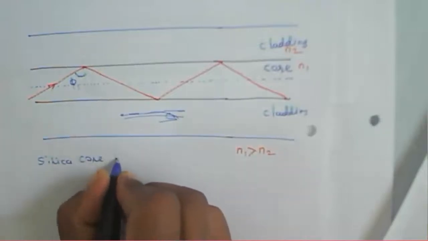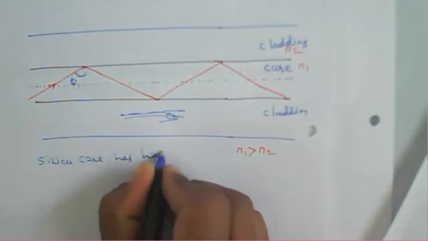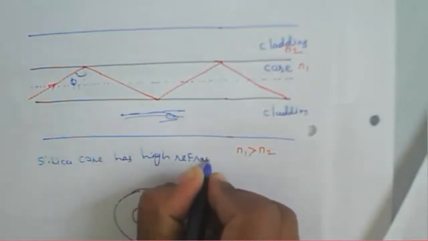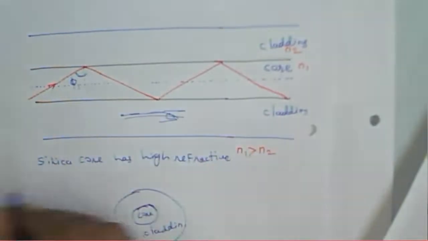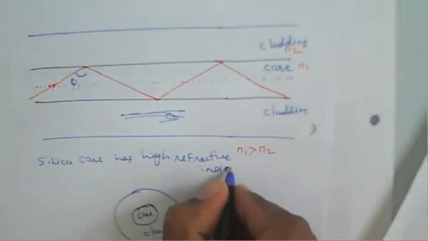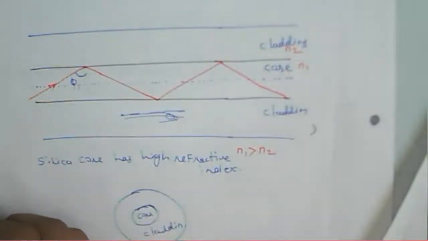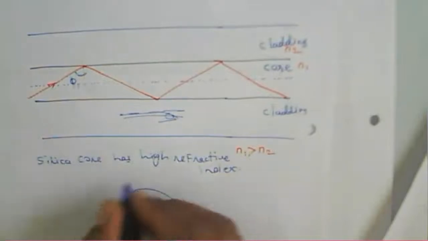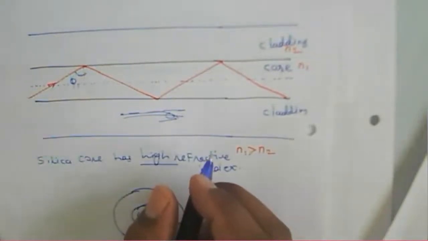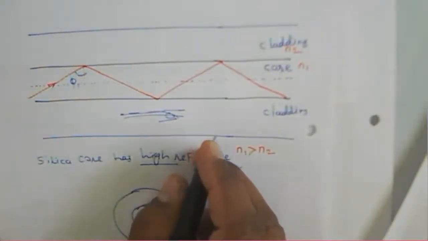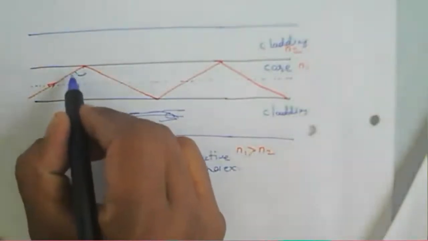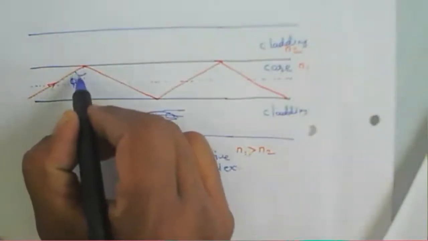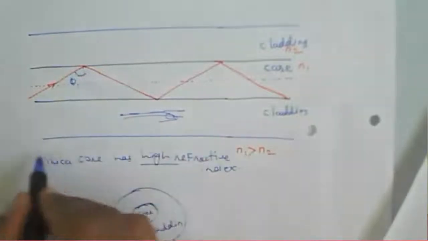So what type of materials are used? Generally a silica core has a high refractive index, and similarly the cladding should be a low refractive index material.